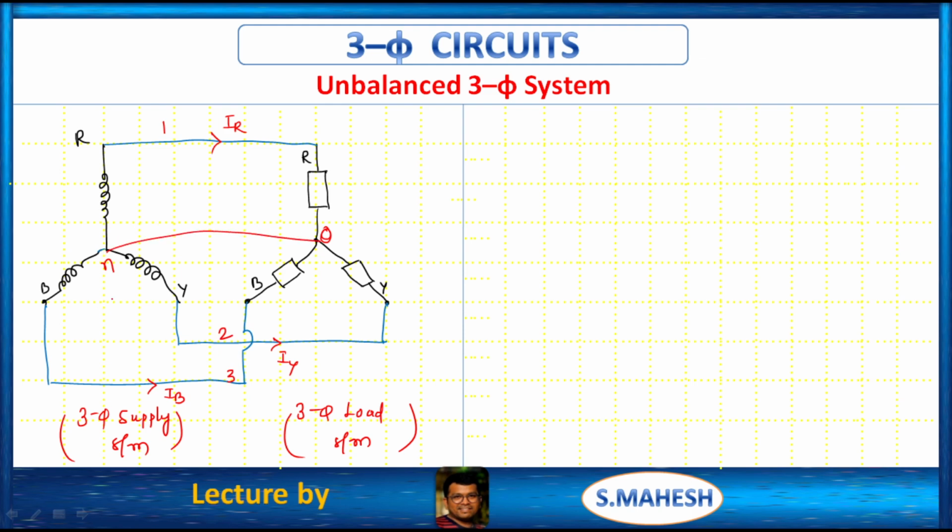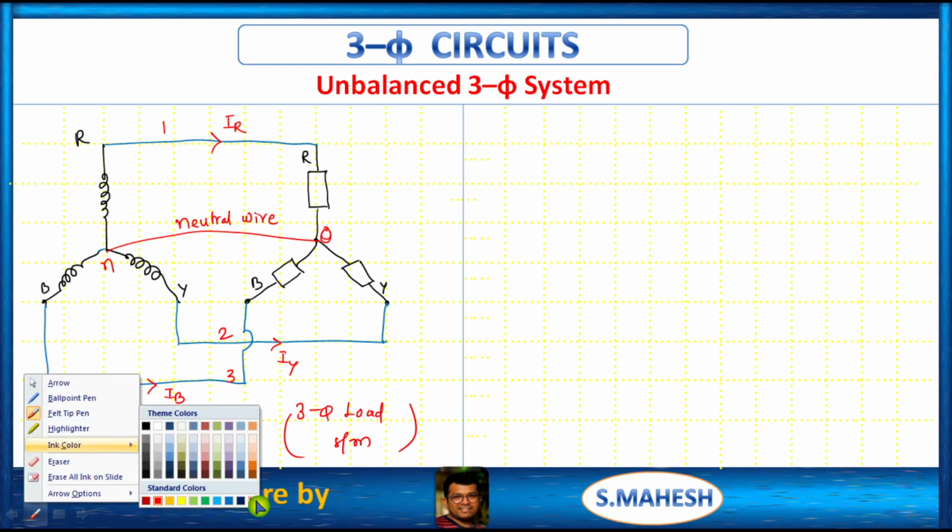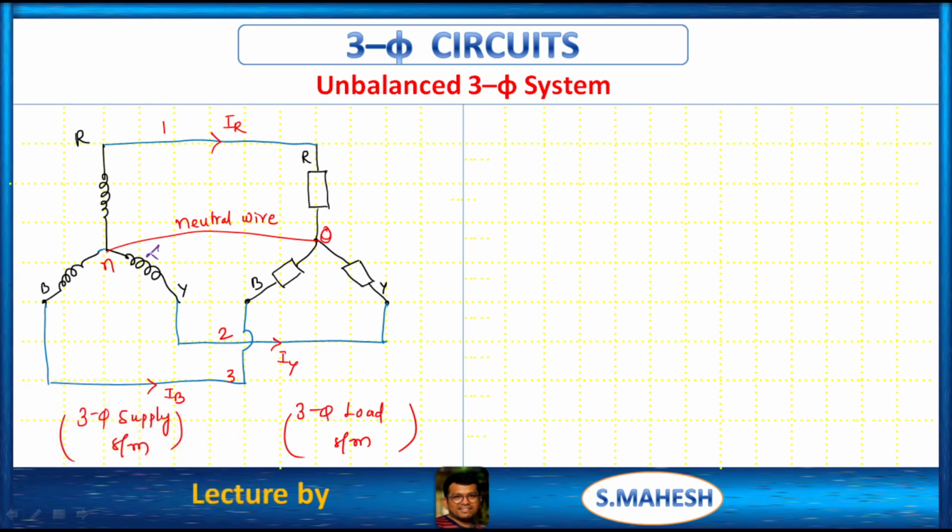This is a neutral connection, neutral wire. That's why the star connected system is called a three phase four wire system, and the voltage across this point we can call VON. Due to what? IN, due to neutral current, right? I think it's clear now, right?